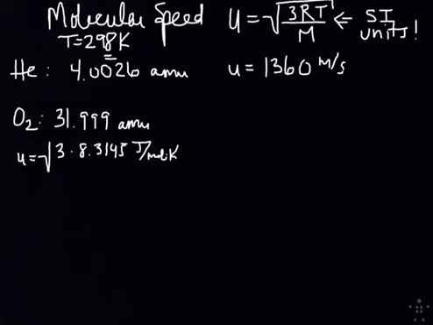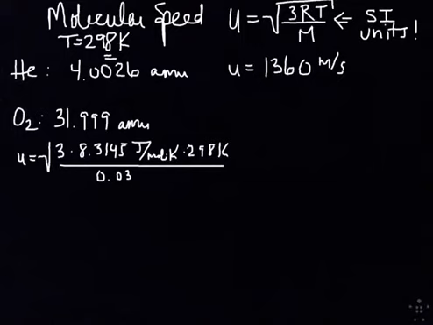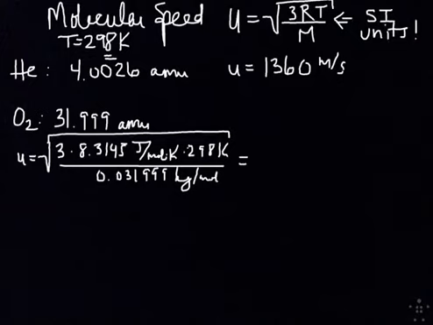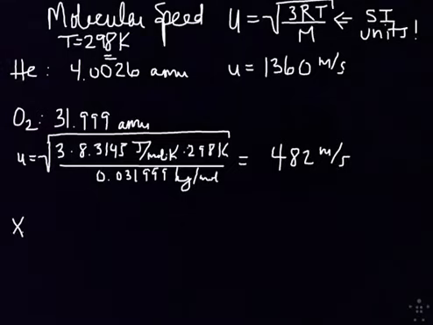I won't do the dimensional analysis again here because we've looked at it a couple times already. If we're in SI units all the way through, we're going to get SI units at the end. We've checked it. And that comes out to be 482 meters per second.